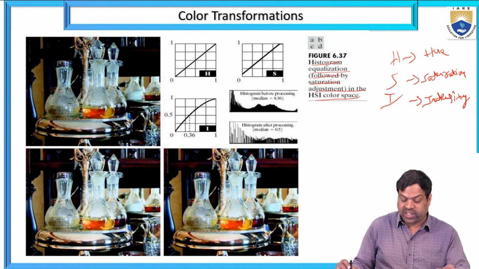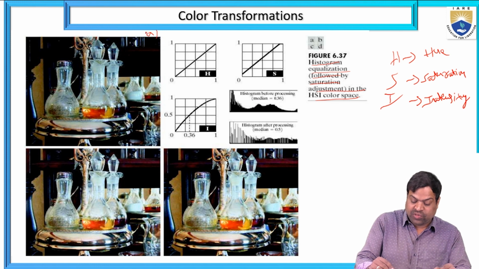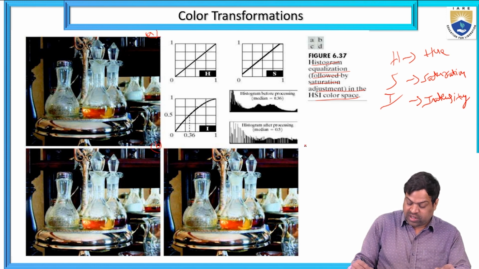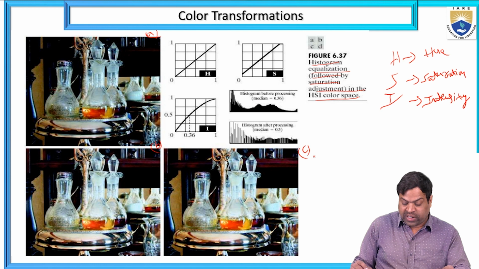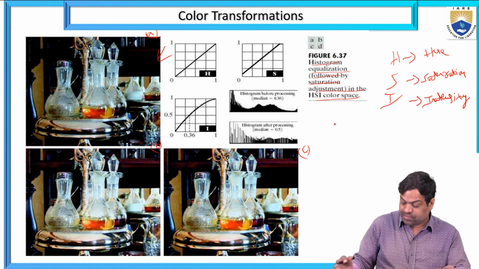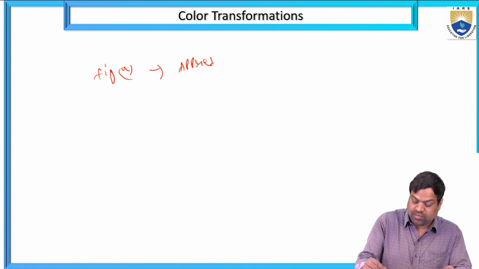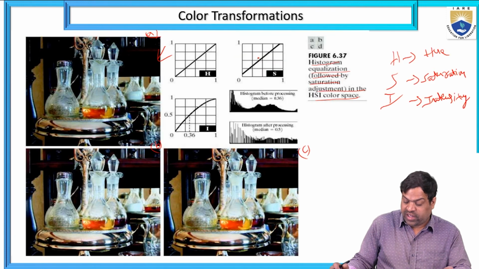So it is one image, figure A, figure B and figure C. In figure A, I applied hue.